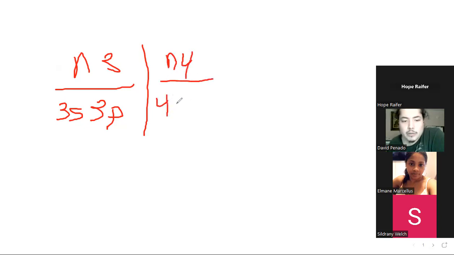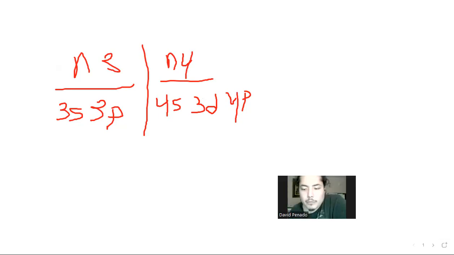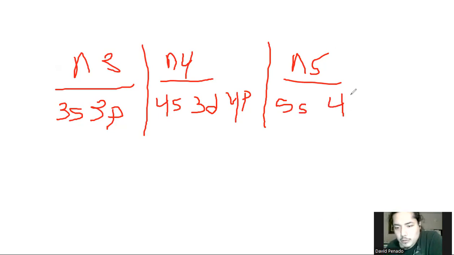N4 has these: 4S, 3D, and 4P. And N5 has 5S, 4D, and 5P.